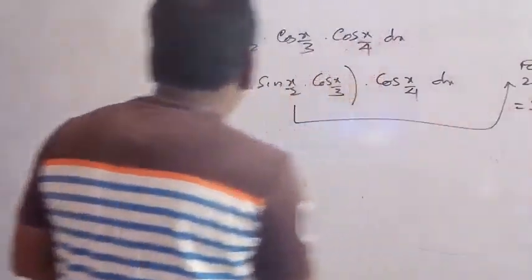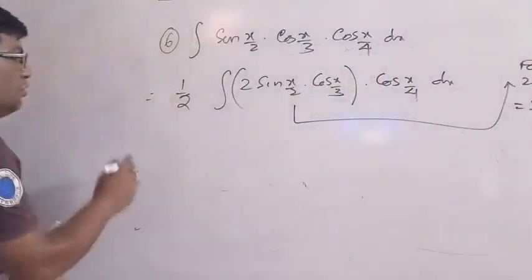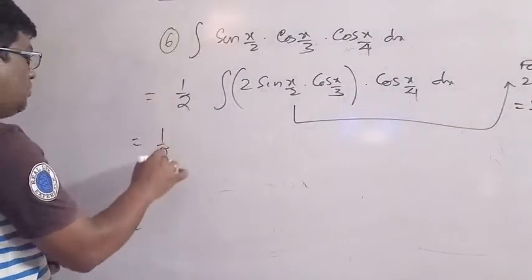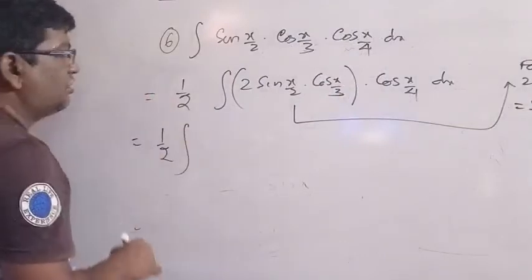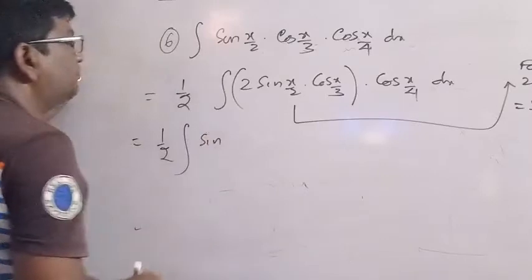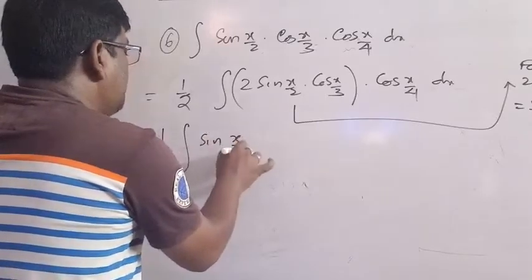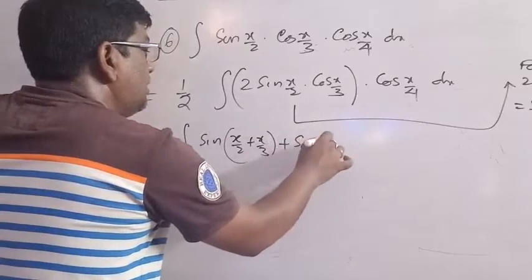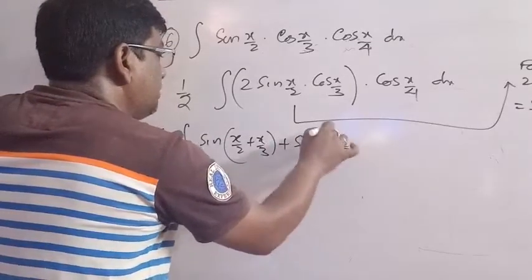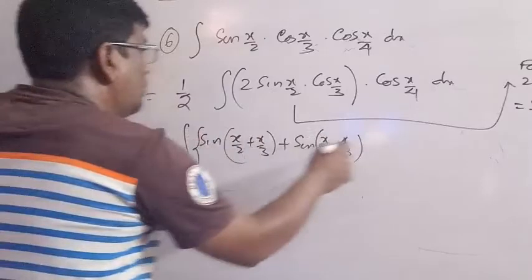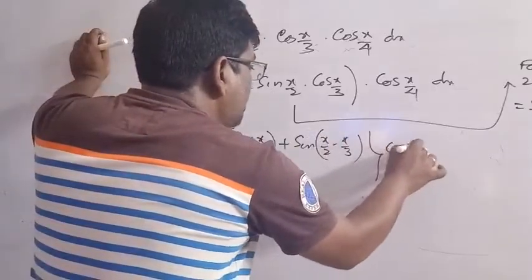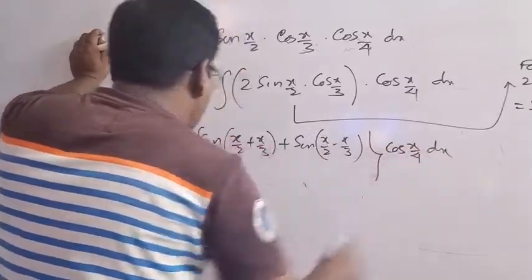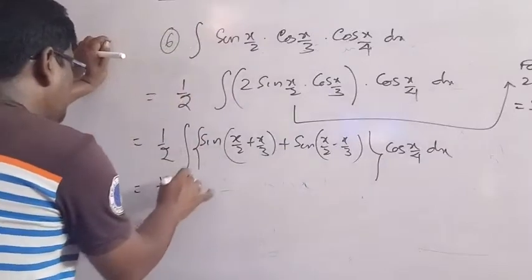So 1 by 2 into integration sin(x by 2 plus x by 3) plus sin(x by 2 minus x by 3) whole into cos x by 4 dx, that is equal to 1 by 2.